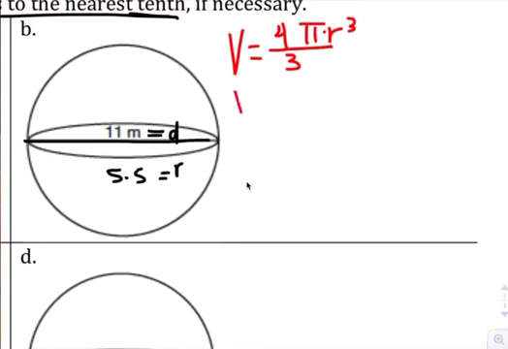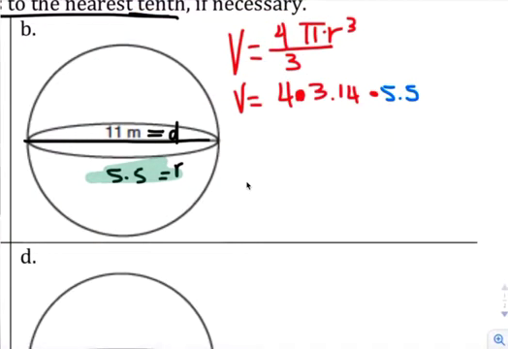So the volume then is 4 times 3.14 times the radius, which in this case is 5.5, and you take that cubed. Put the exponent in your calculator first, you always do the exponent first. 5.5 times 5.5 times 5.5, then times 3.14, then times 4.